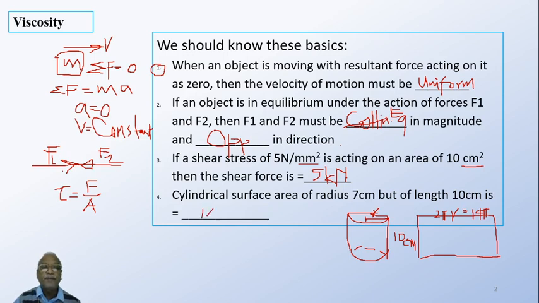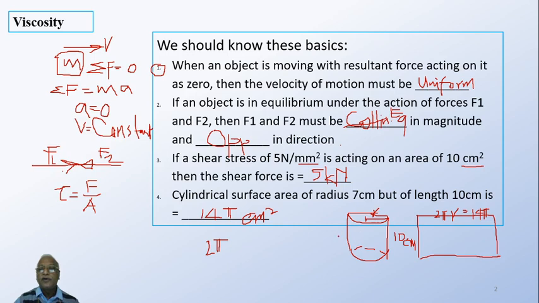If you substitute the magnitude of pi, you'll get whatever product comes. And the unit is centimeter square. That's an important thing. So that's how we can calculate cylindrical surface area. The formula will be 2 pi r h.